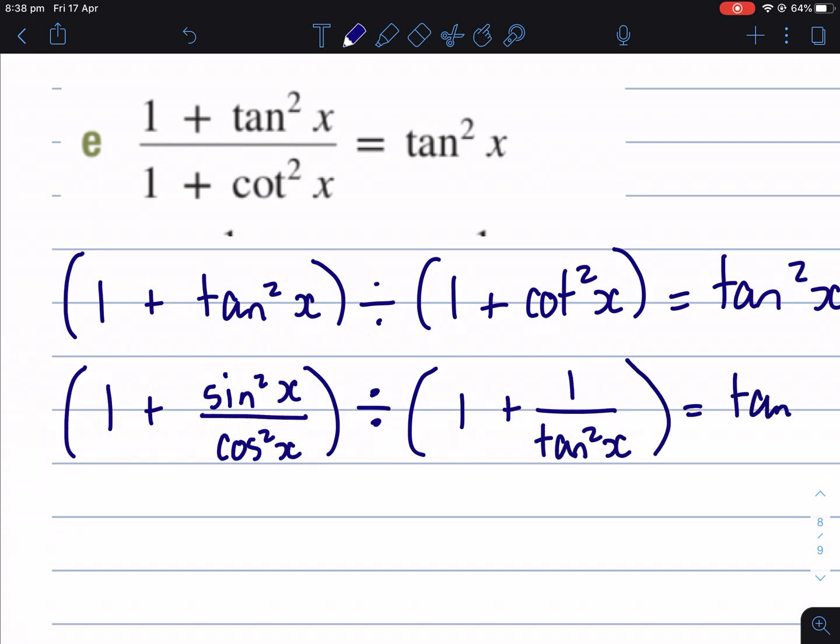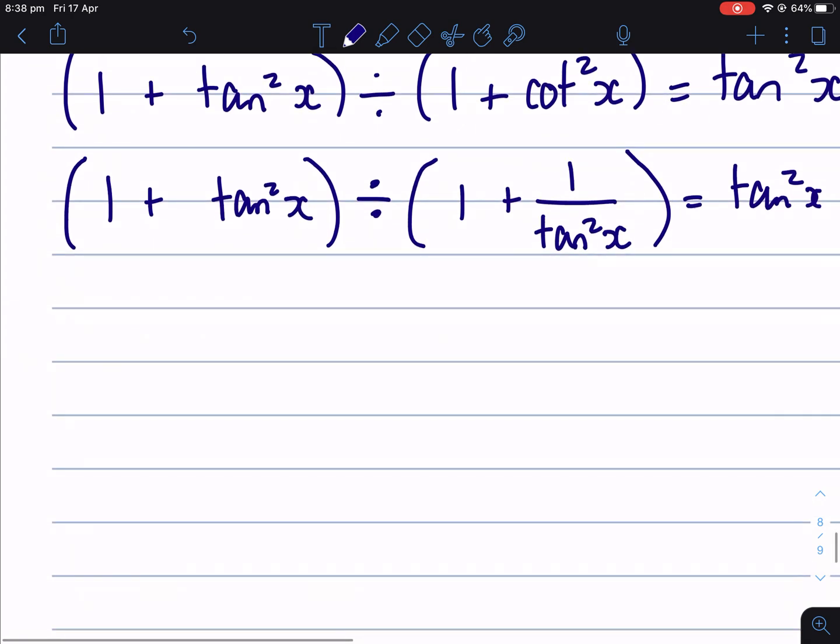Actually, I'm going to leave this one as tan squared x, which means I've got 1 plus tan squared x, technically, over 1.